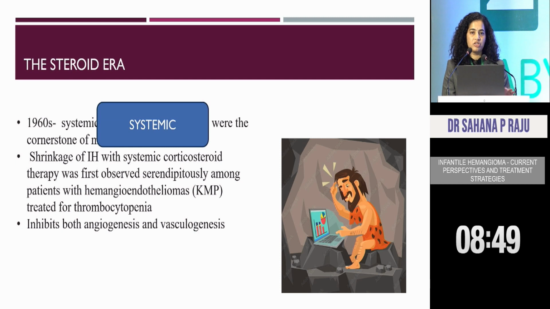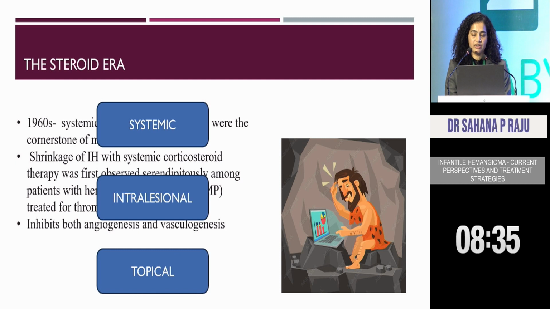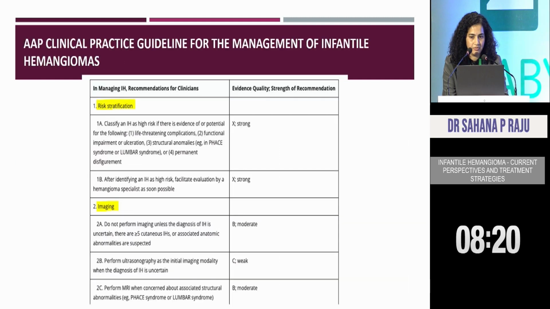It was used in an oral form where we used 1 milligram per kg body weight for several months, and we also used intralesional corticosteroids, but again, all these are associated with high risk of adverse events. In spite of their efficacy, systemic corticosteroids are no longer used by most dermatologists as first-line therapy due to the associated risk of adverse effects.